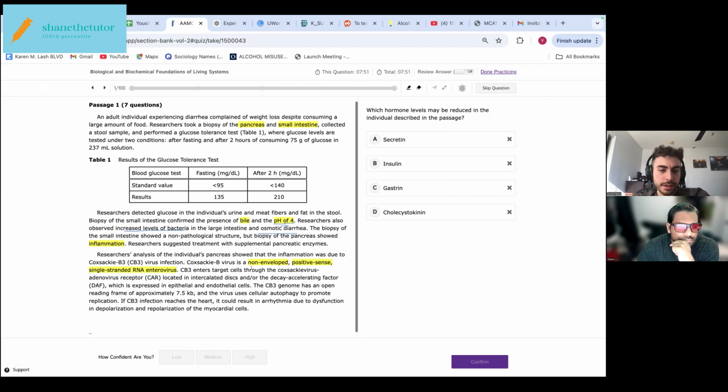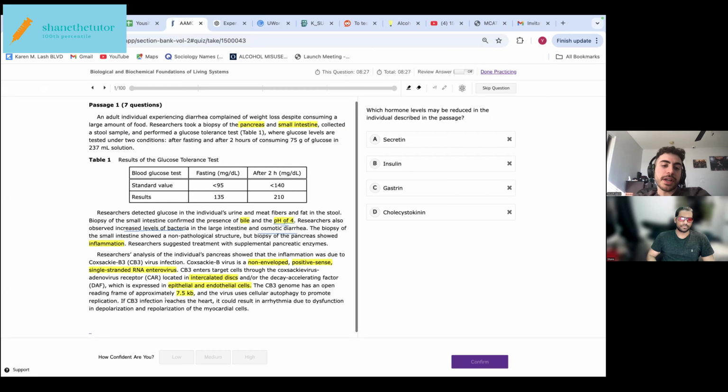CB3 enters target cells through the CAR receptor located in the intercalated disc and/or the decay-accelerating factor DAF, which is expressed in epithelial and endothelial cells. The CB3 genome has an open reading frame of approximately 7.5 kb, and the virus uses cellular autophagy to promote replication.